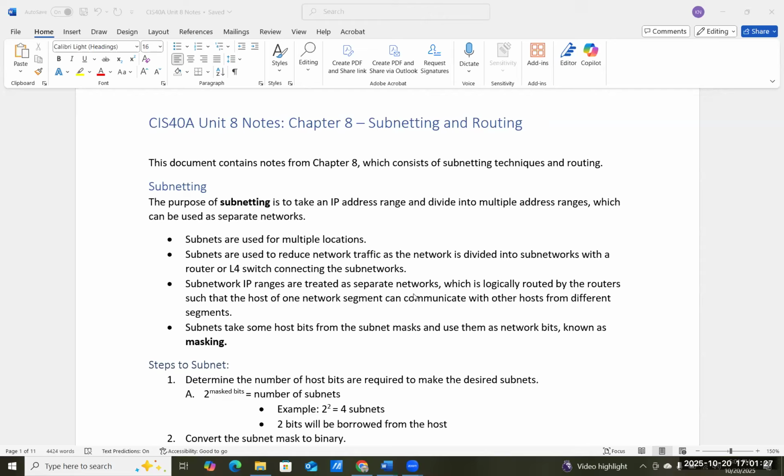So subnetting is a way that we can utilize an IP address to create a range of other addresses that would allow us to create smaller subnetworks within our local area network, our LAN. And so we can design a network that would have many subnets in multiple locations.